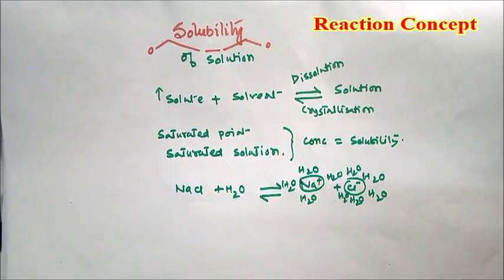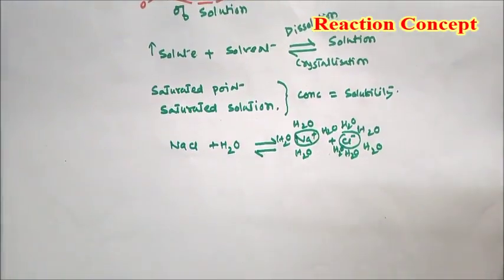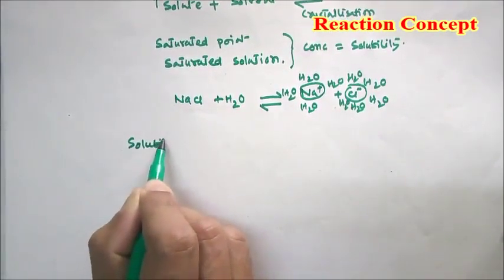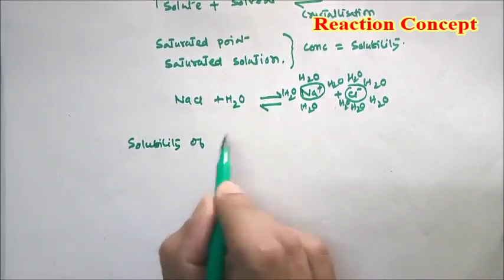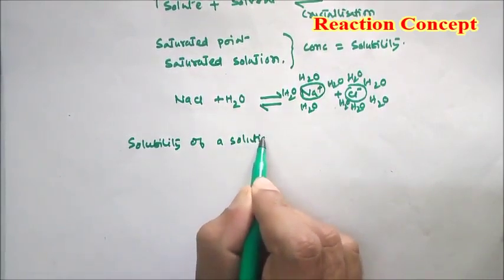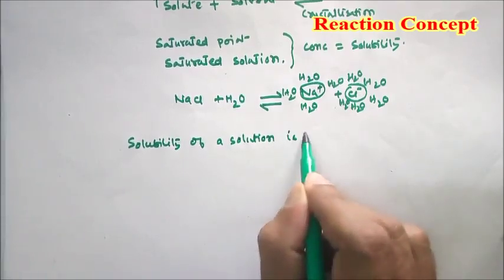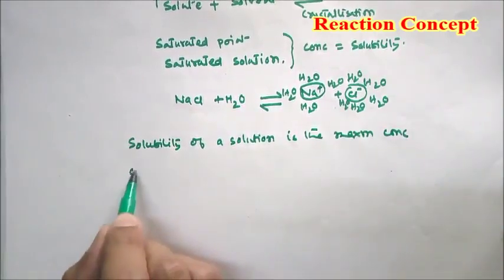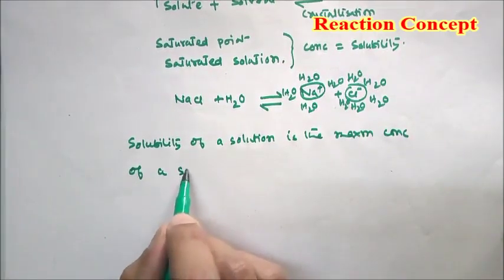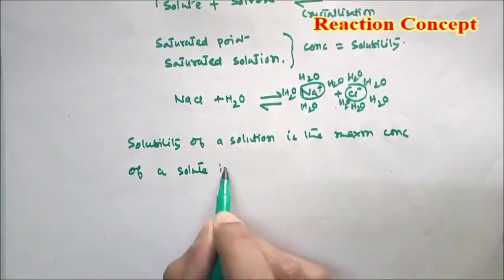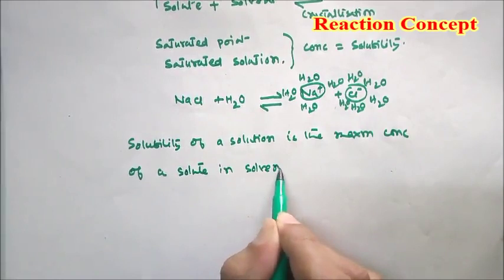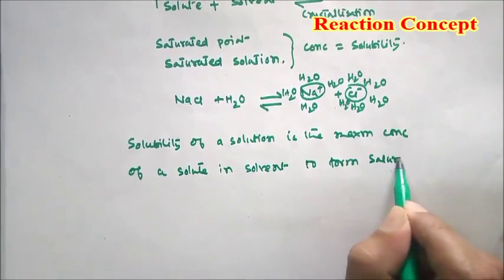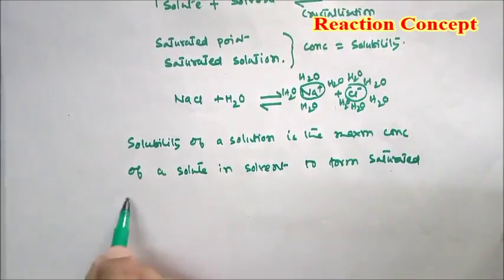So you can say, solubility of a solution is the maximum concentration of a solute in a solvent to form a saturated solution.